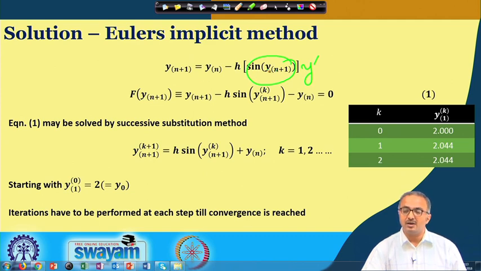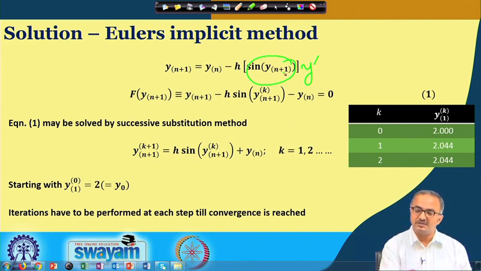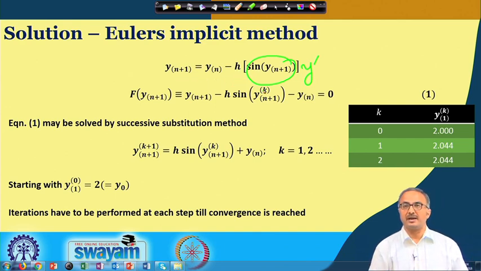If I put this y n plus 1 as y n, it becomes explicit. If I make this thing y n plus 1, this becomes implicit. So, there is a small difference between implicit and explicit, but actually this is y n plus 1 equal to y n minus h into y prime. So, this is the actual expression for this implicit method.